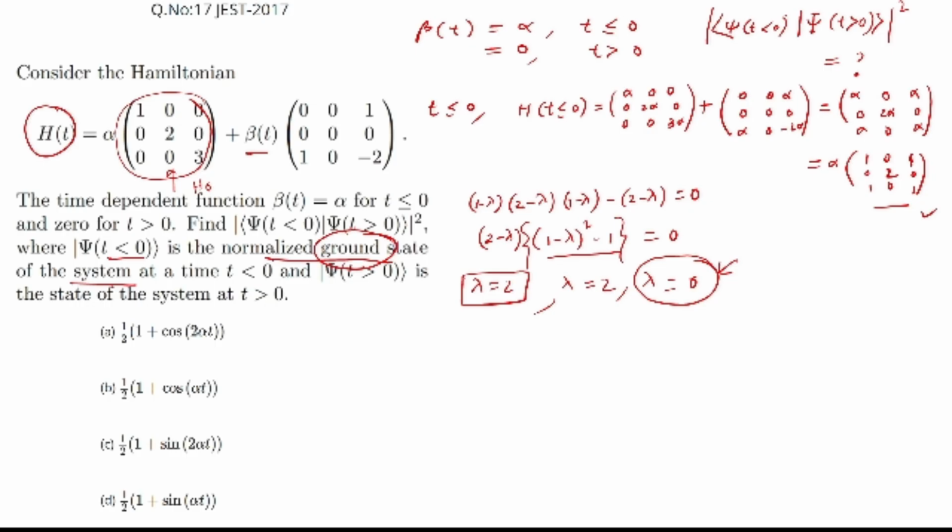So corresponding to this lambda equals 0, we have to find the eigenstates for this Hamiltonian. So what will be the eigenvector?